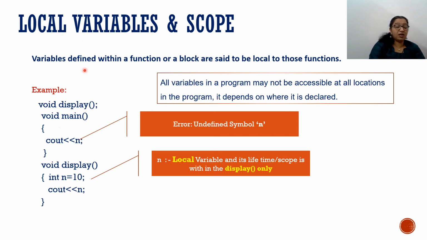If it's a local variable, it is declared within the function or within the block, so only that particular function can access it. That is local variables and the scope of variable. Clear? Okay.